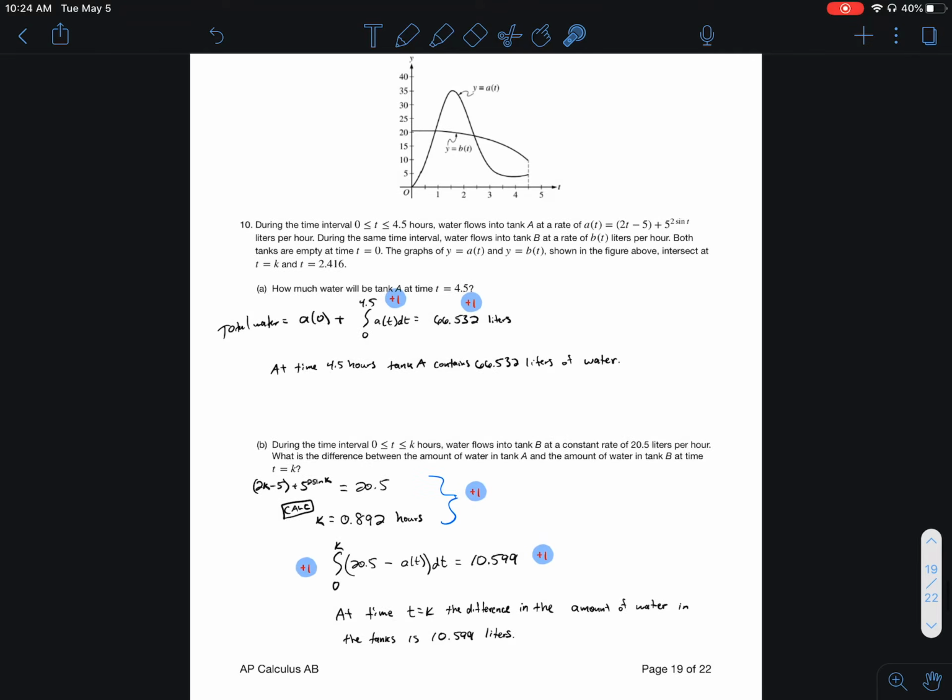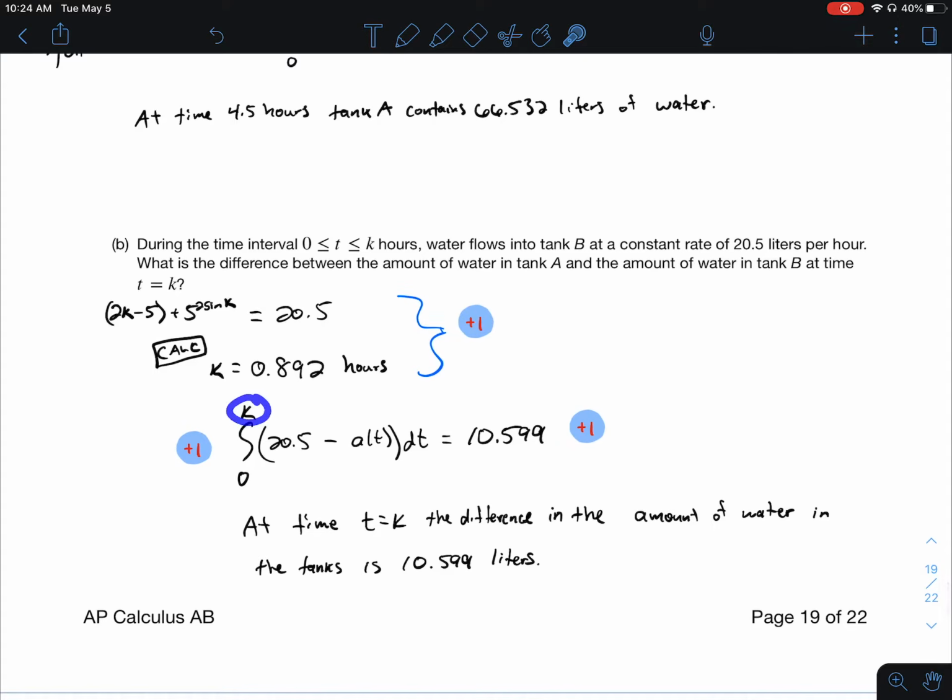Well, if you look here, here's tank B, here's tank A. Tank B is definitely going to have more in it because at the beginning, it's pumping in more water. So that's why I put B first. This is B's rate. We subtract from that A's rate. We don't need to write the number here, 0.892. You can if you want, or you can just write k because it's cleaner.